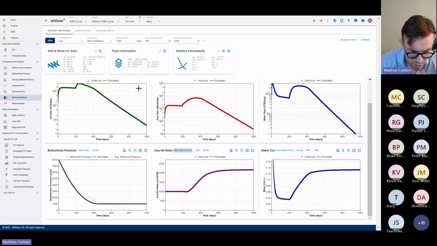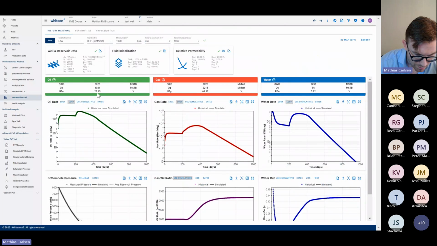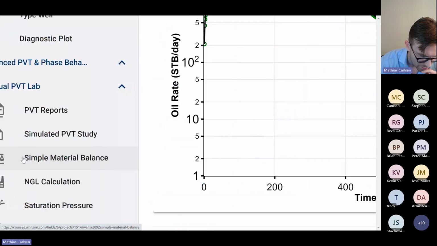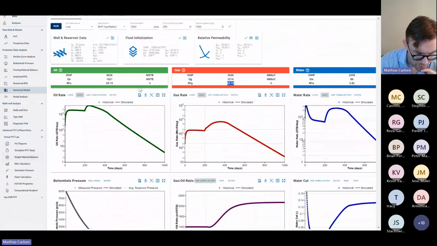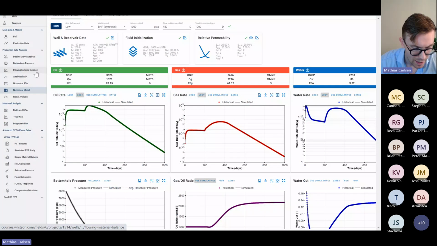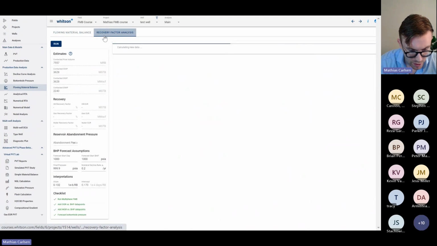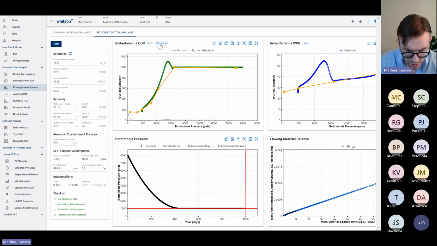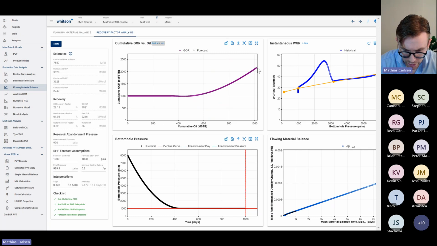But if I did this 100% accurately, we see basically that this is 28, the other one was 27 point something, and around 60. So they will be the same in the simple material balance, in the numerical model, and in this recovery factor in the flow material balance as well, as long as my cum GOR at the end of history is the same in this method and in the numerical model.